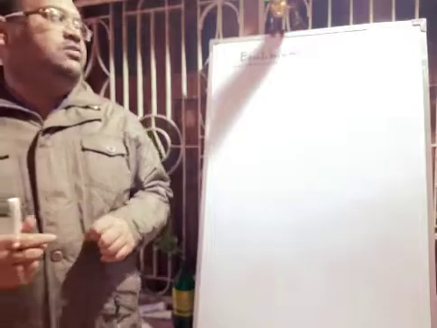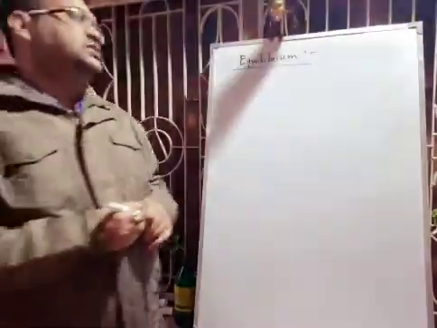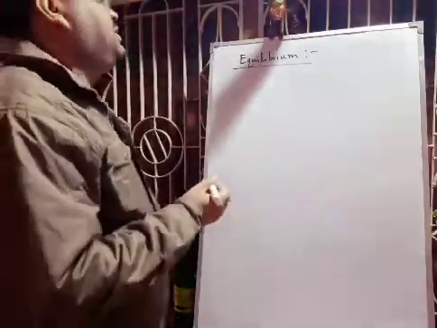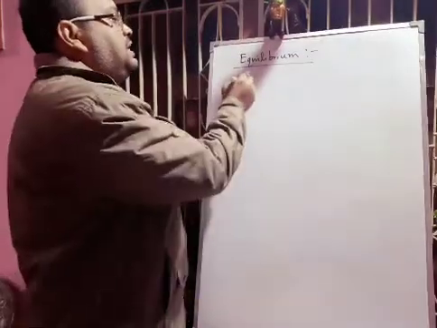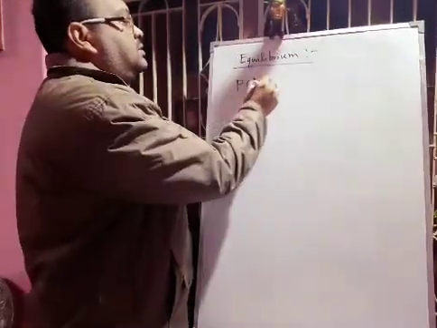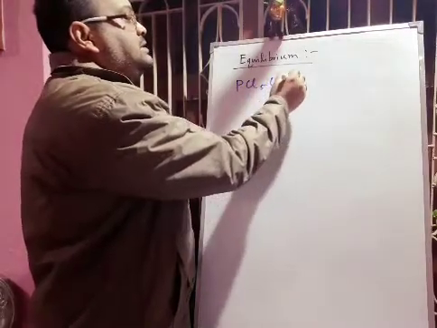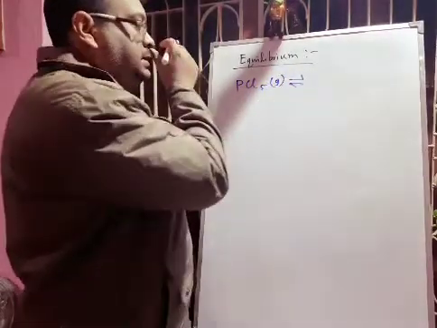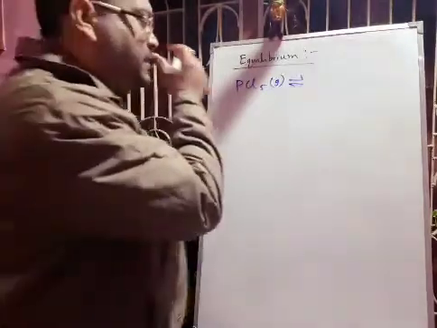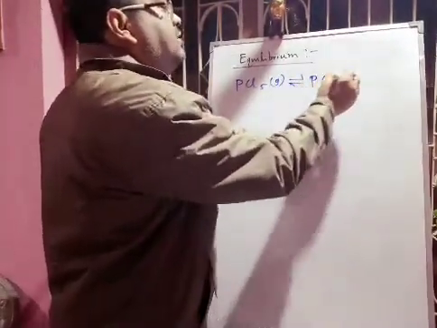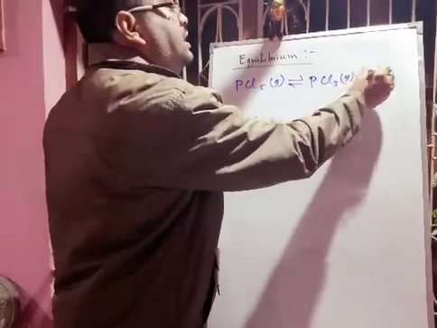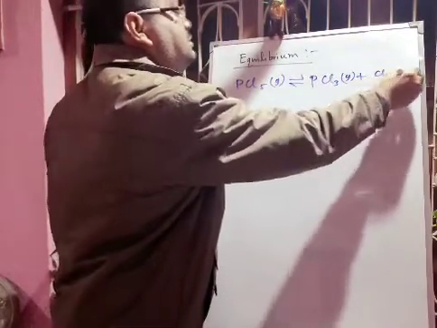Here we can consider the reaction, that is the dissociation of phosphorus pentachloride, PCl5. PCl5 gas is dissociated into PCl3, phosphorus trichloride gas, and chlorine gas.